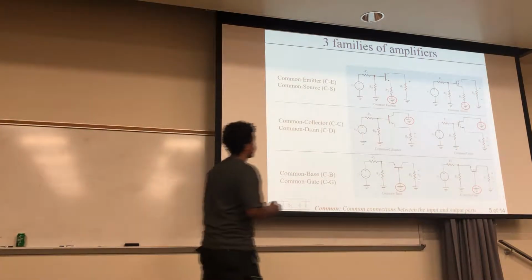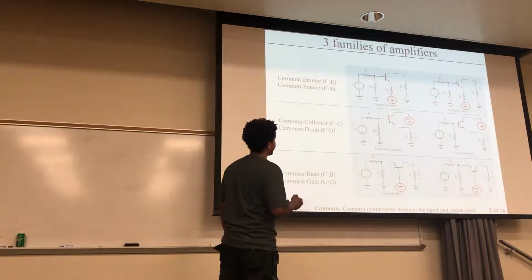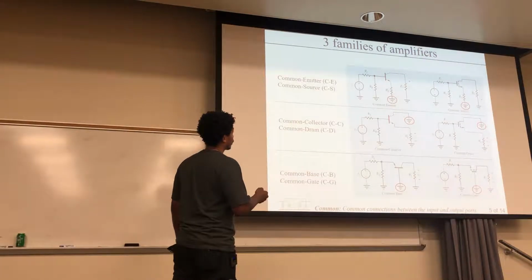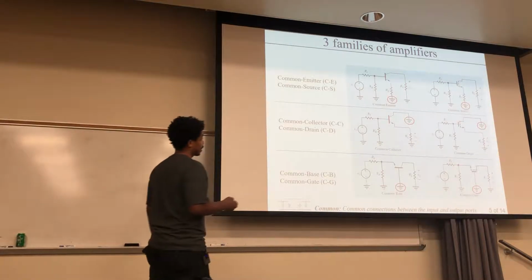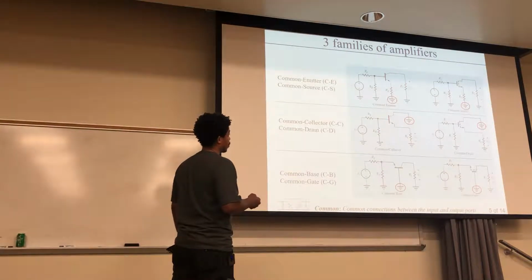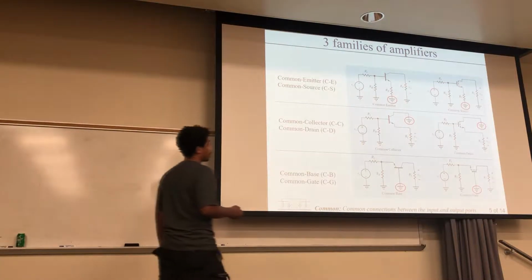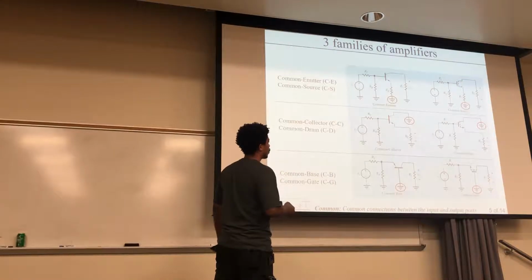Right here we have the common emitter and common source, and those are common to the input and output. Here we have the common collector and common drain, and they're grounded, so it's really the same reference for the output and input for those two. Now we're going to look at the common base and common gate, and those are also common to the inputs and outputs.